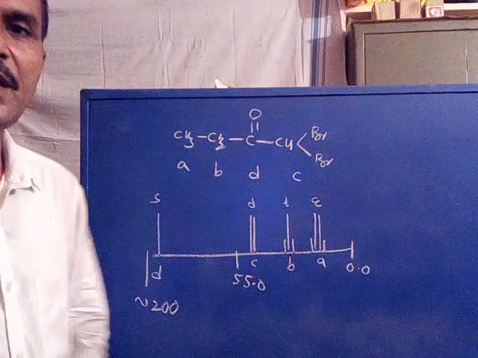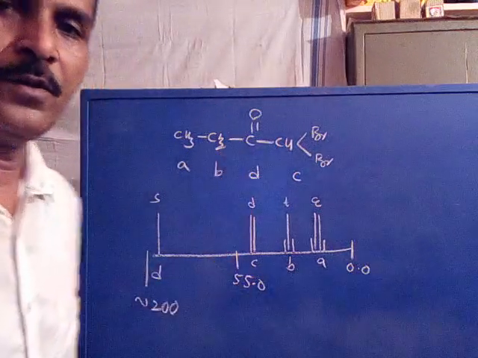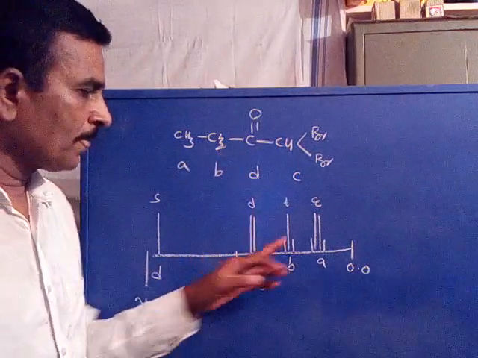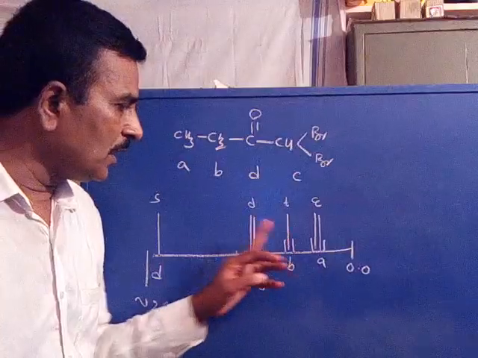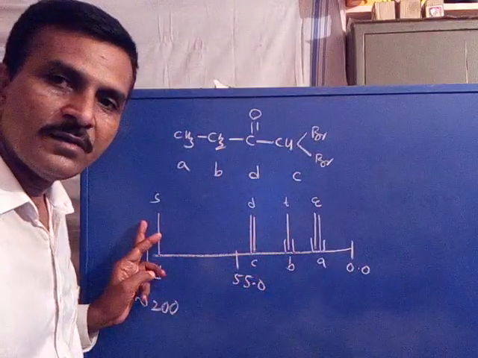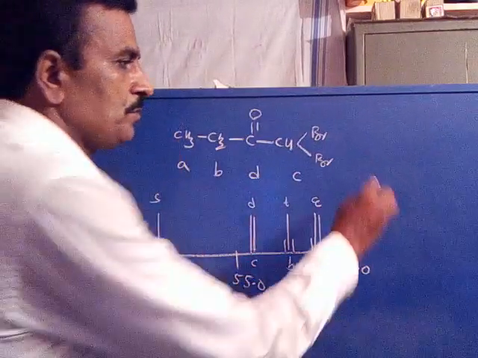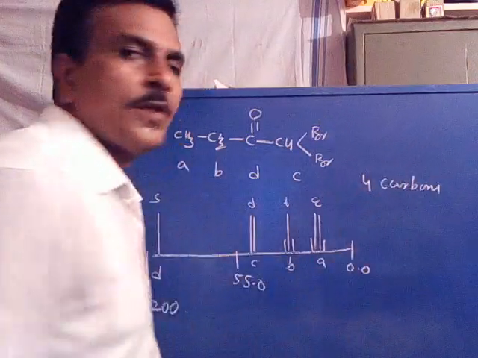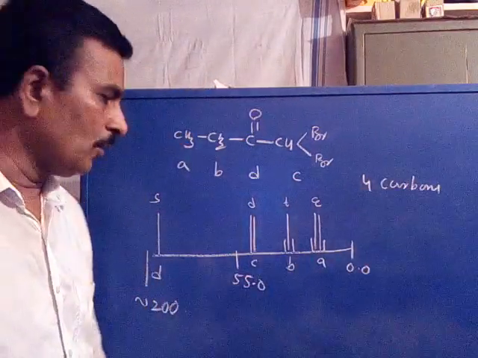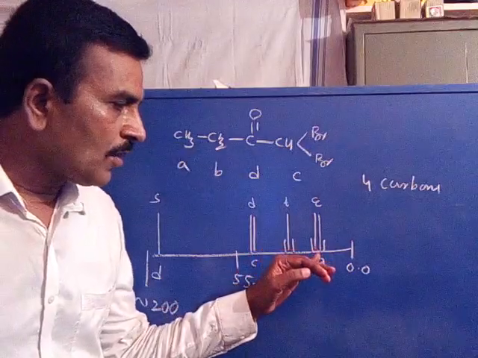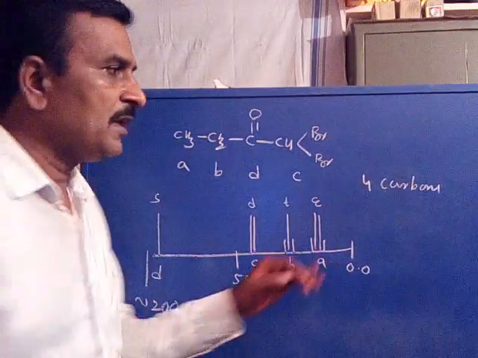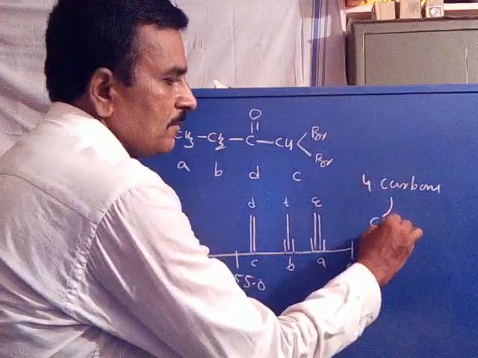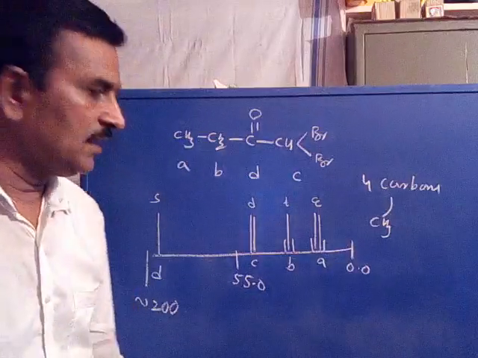Now this is the C13 NMR spectrum for a molecule. Let us identify: 1 signal, 2 signal, 3 signal, 4 signals, indicating 4 carbons. 4 carbons are there. Now, a quartet indicates 1 carbon is CH3.